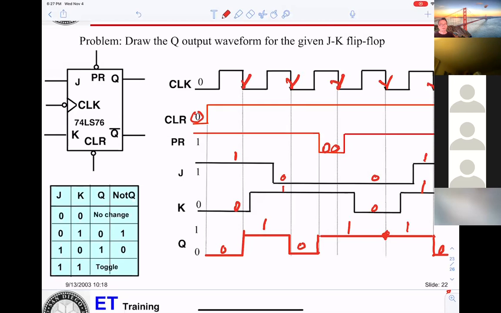If you can answer that, that means you understand. Any question on this problem?